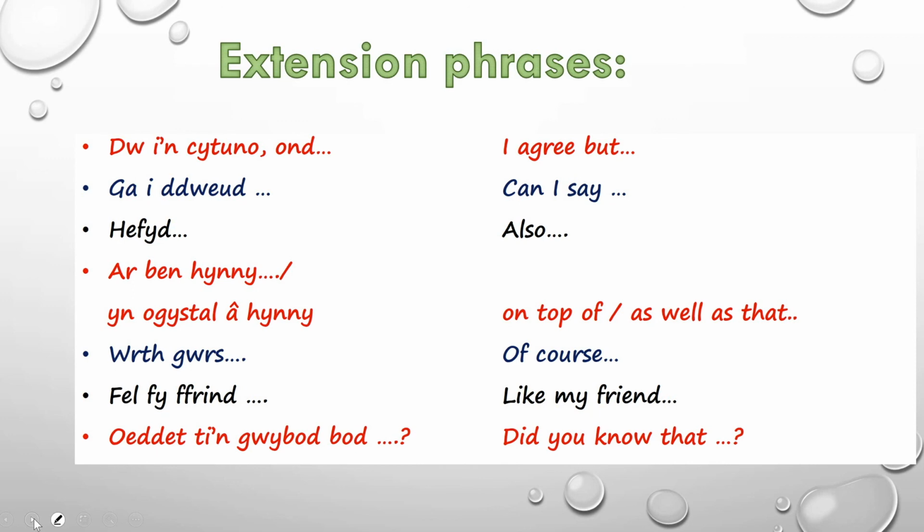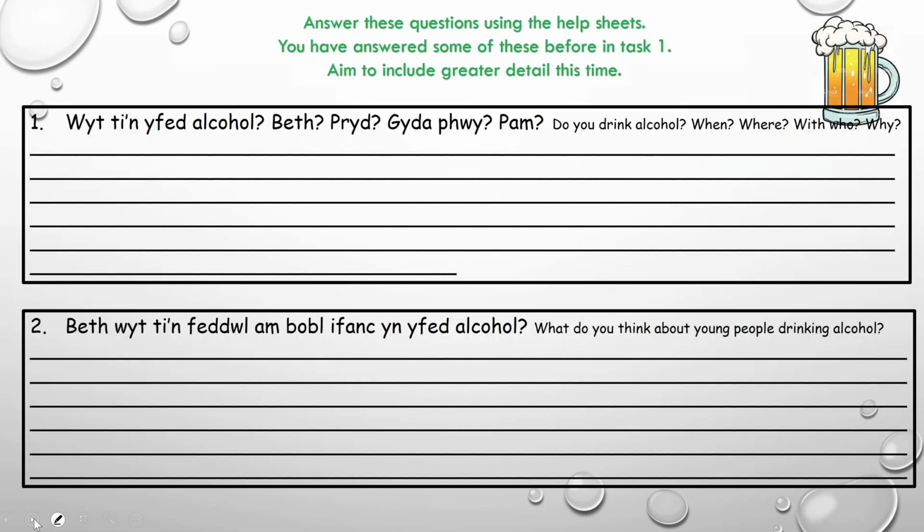So let's take a look at the 4 key questions now. Now, we fully appreciate you have answered some of these questions already in task 1, but we want you now to aim to include greater detail this time. So cwestiwn 1, wyt ti'n yfed alcohol? Beth, pryd, gyda phwy, pam? Cwestiwn 2, beth wyt ti'n feddwl am bobl ifanc yn yfed alcohol?